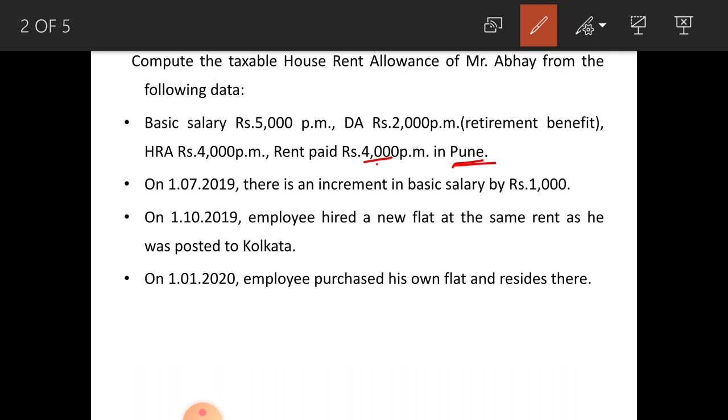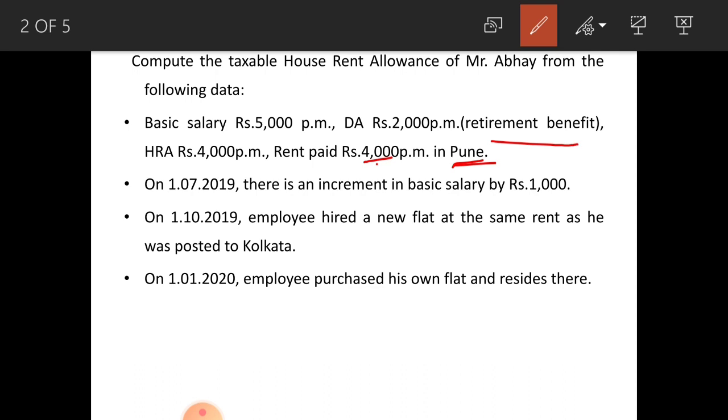Here basic salary is given and also DA is given and it is considered as retirement benefit, so you can consider DA for the calculation of salary, and HRA is given. By using this information you can calculate actual HRA received by the employee throughout the year, and rent paid is also given, 4,000.